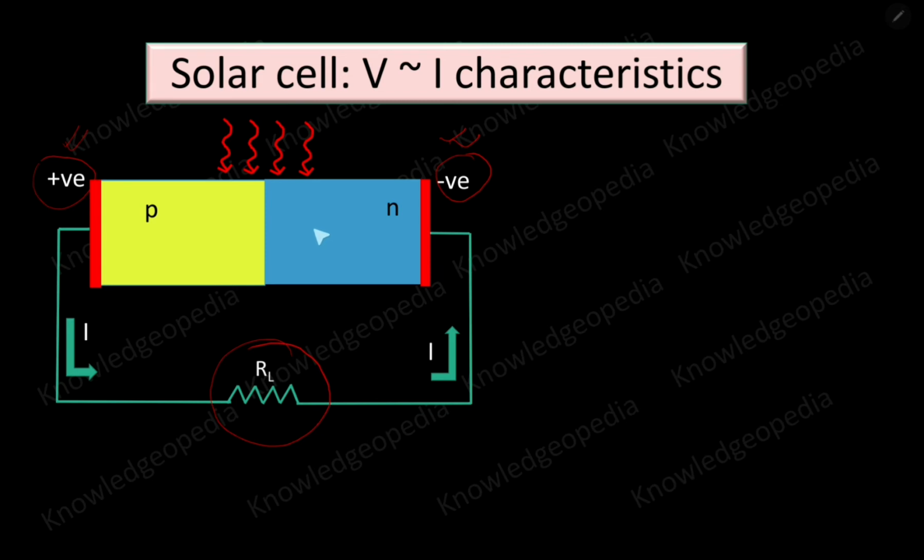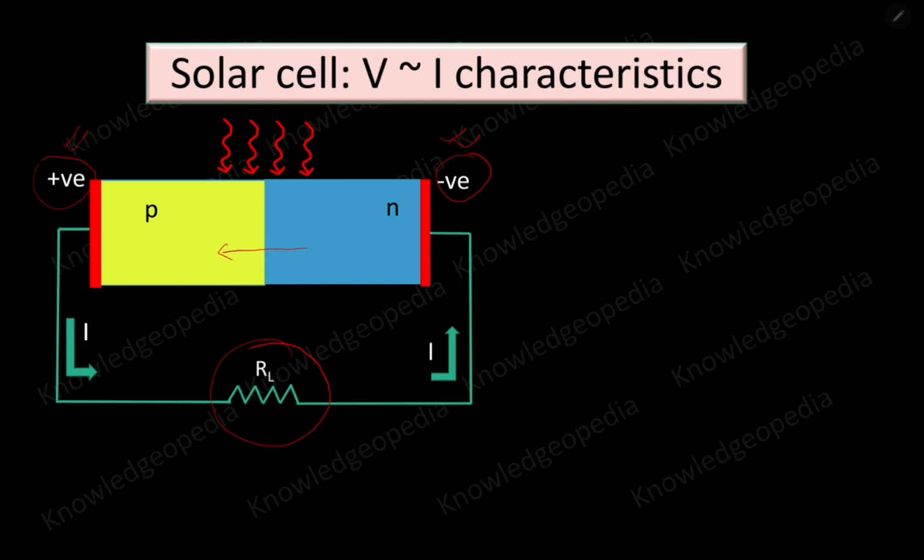And if the current is flowing from N side to P side, then that will be considered as negative current. And here in this case you can see this current is going this way, and within the solar cell it is moving from N side to P side. So this current is taken as negative.